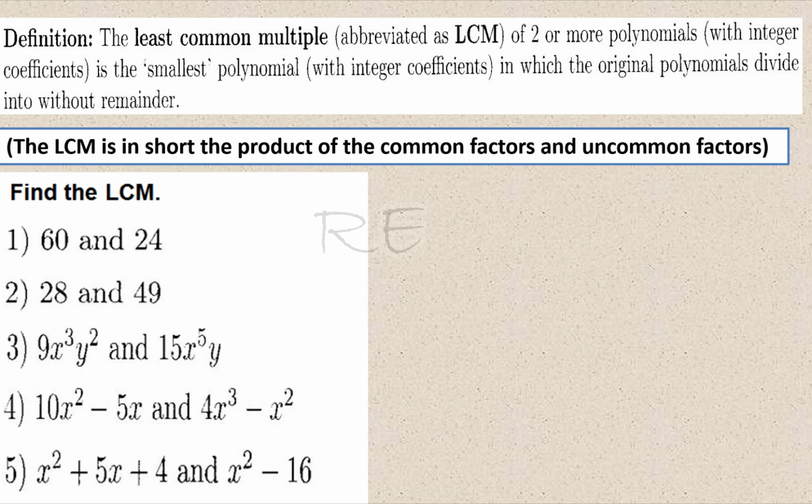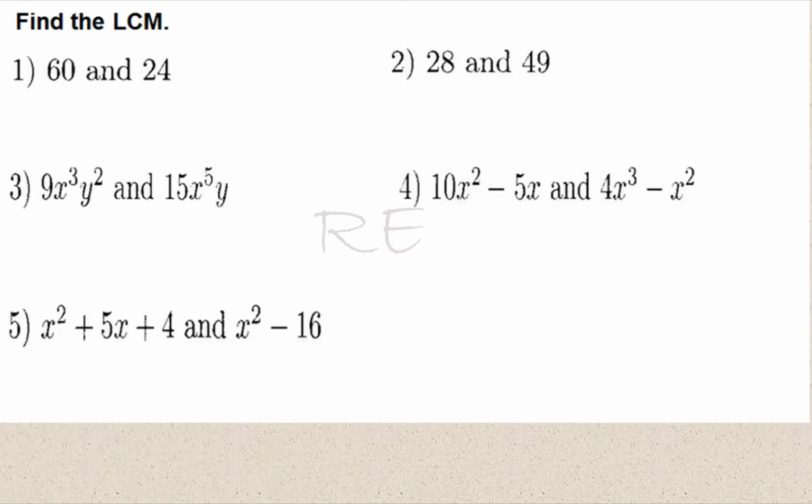The least common multiple of two numbers is the smallest number that is a multiple of both numbers. To find the least common multiple between 60 and 24, we're going to use prime factorization.